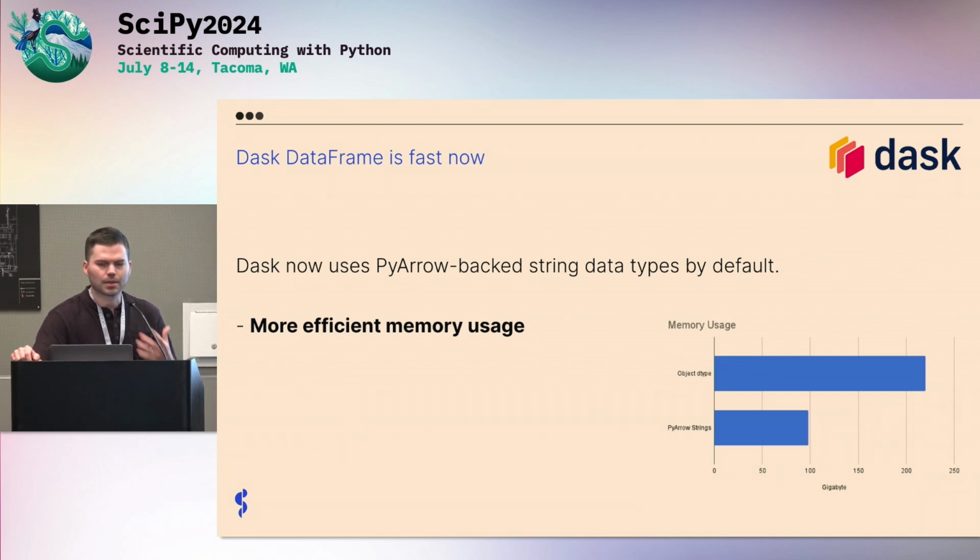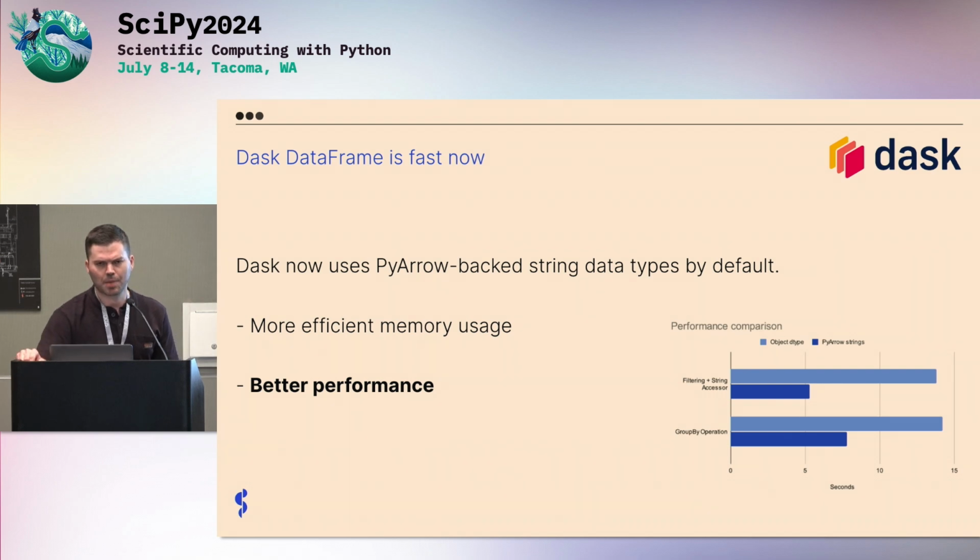It depends a little bit on the cardinality of your string data, but it's pretty common to see 2x improvements in memory usage. So this has a huge impact just because you can do the same exact computation on half the hardware, or roughly half the cost for the computation. So this is a really big win.